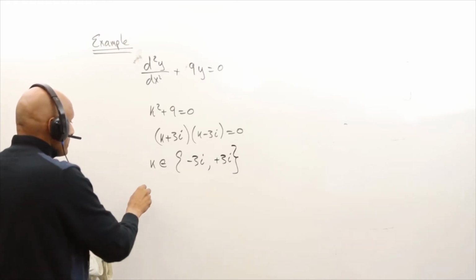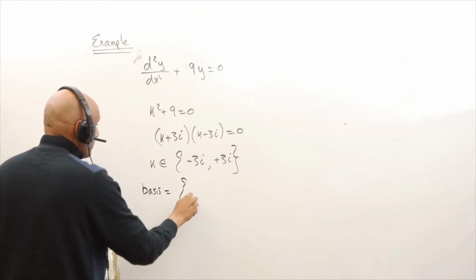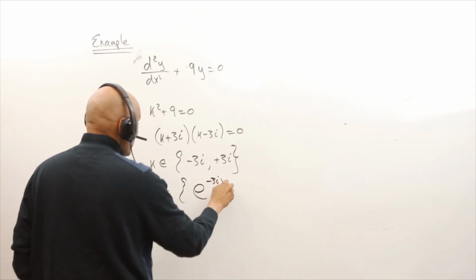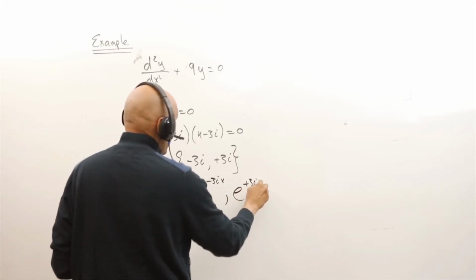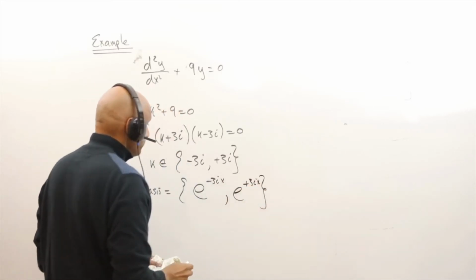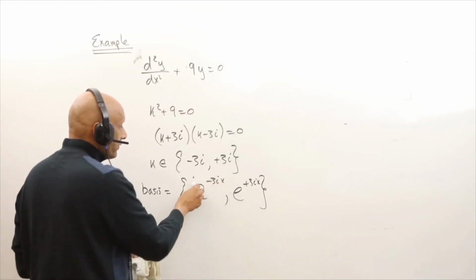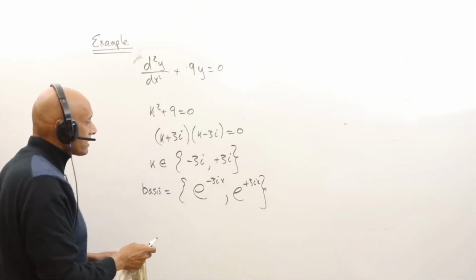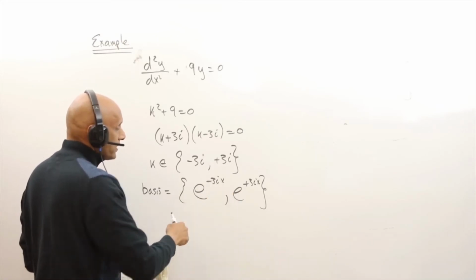So our basis, right, is e to the minus 3i times x, this is your constant, and e to the plus 3i x. And do you notice that whatever this function is conjugate to this function. A conjugate function is basically replacement of i with minus i. And so you can see that these two functions are conjugates of each other.